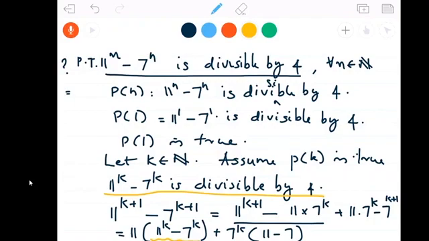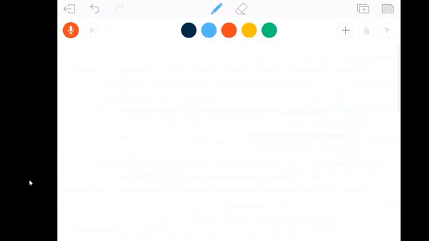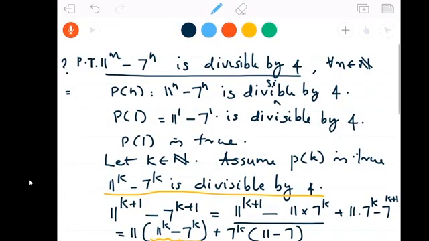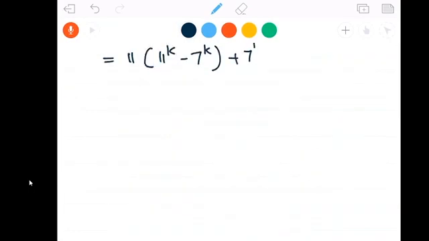So the first term is divisible by 4. What about the second term? So here this is equal to 11 times 11 raised to k minus 7 raised to k plus 7 raised to k times 4.